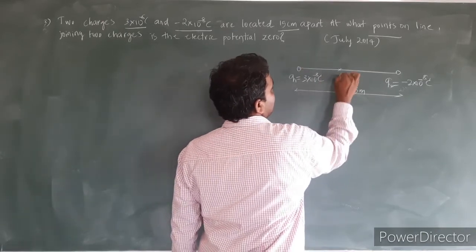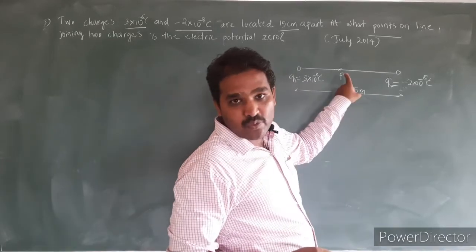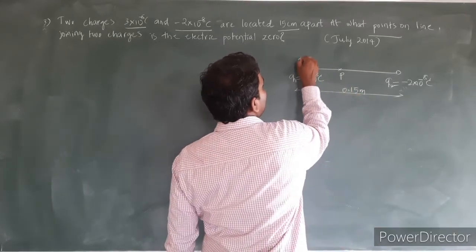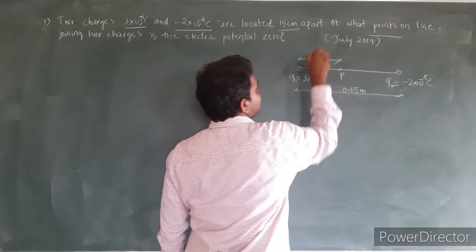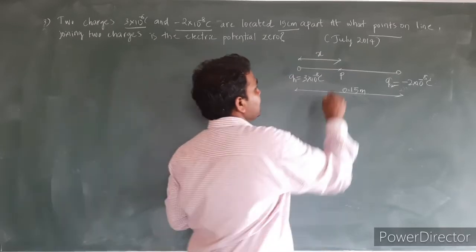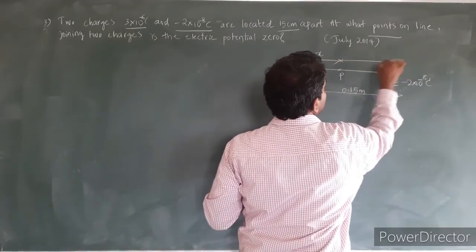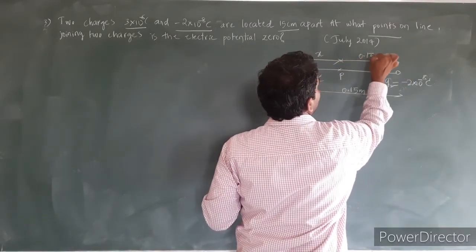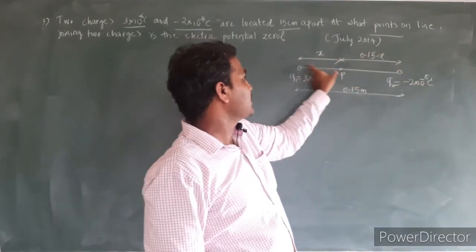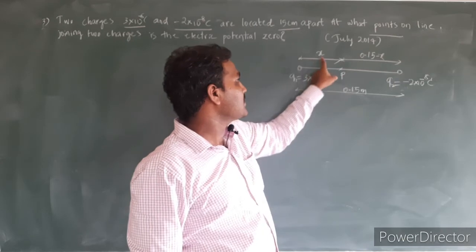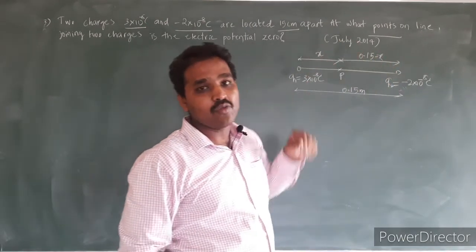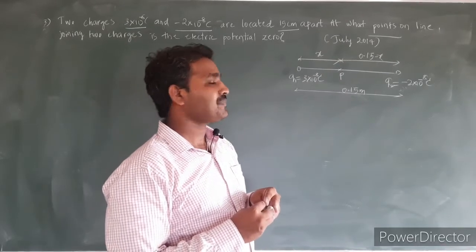And the point P where the net potential is equal to 0, let it be at a distance of x from the first charge, so that its distance from the second charge is equal to 0.15 minus x. Total distance is 0.15 meter. The distance of the point P from the first charge is x, so the remaining distance is 0.15 minus x.